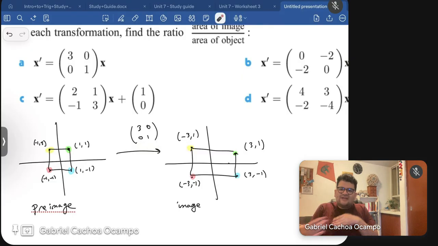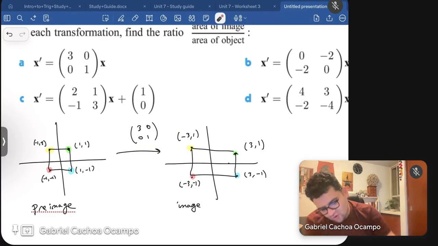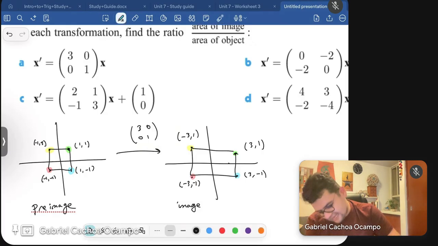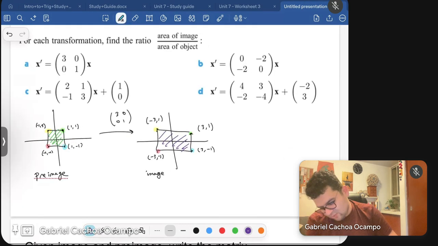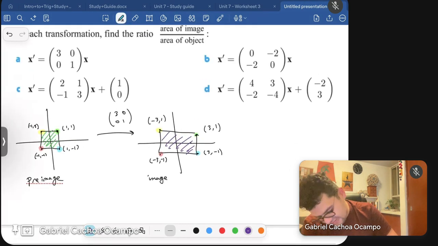Okay, and what is changing? O sea, I can tell you that the sides are changing, but also the area is changing. O sea, the area of this square and the area of this rectangle are not the same. They are related. And how are they related with the matrix?